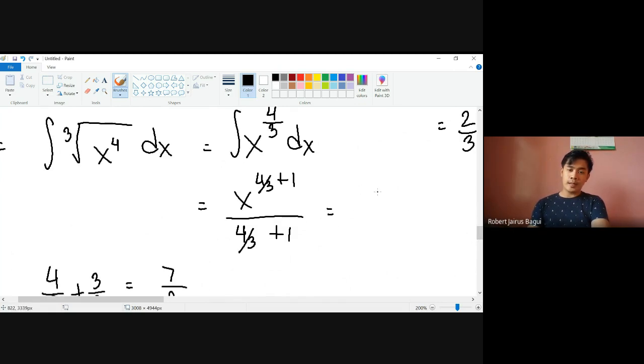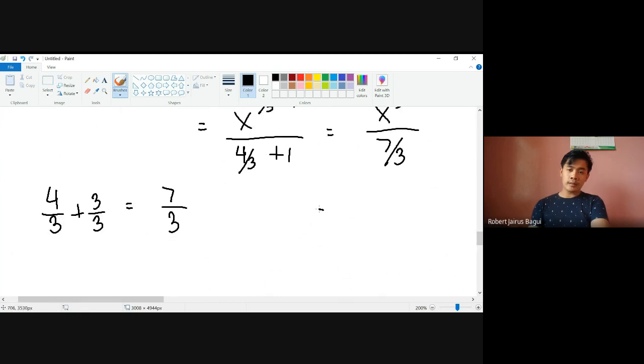Rewriting this would be x raised to 7/3 all over 7/3. And same nung kanina, kung gusto nating iangat siya na nasa ilalim ito, pagbabaliktarin niyo lang or kukunin ng reciprocal, so that would be 3/7 x raised to 7/3.